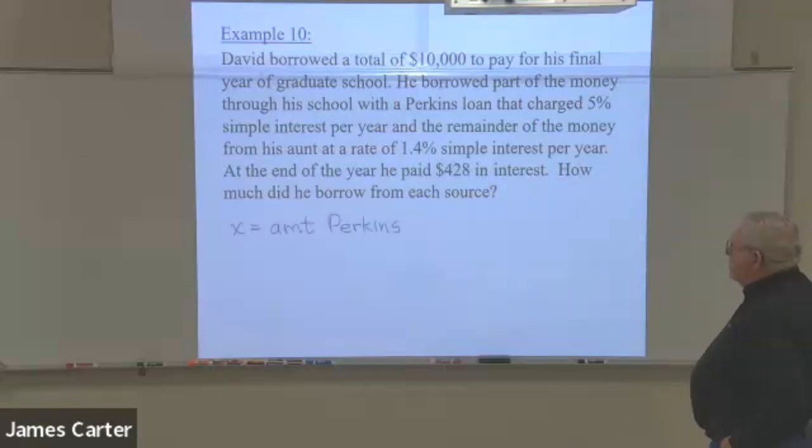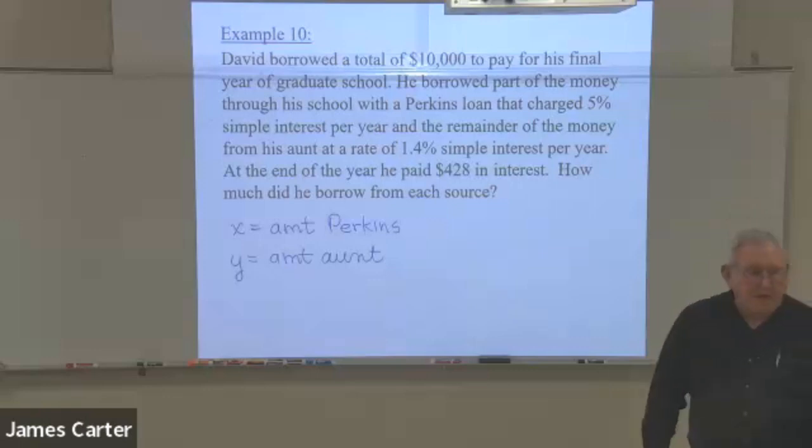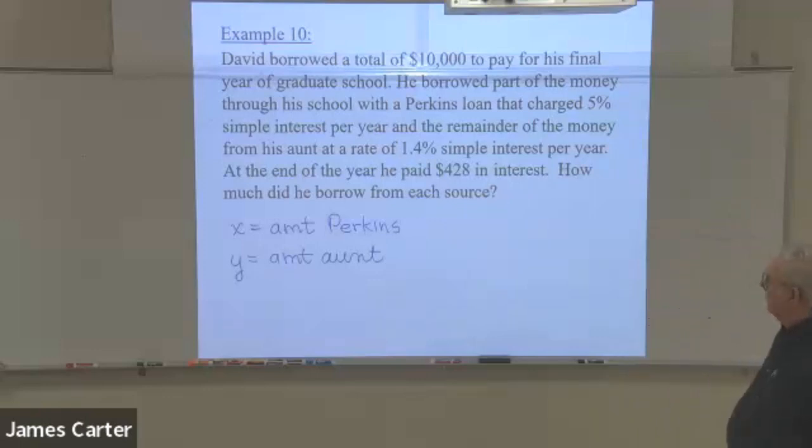I'm going to let X be the amount of money he borrows from Perkins. Y is going to be the amount of money borrowed from the aunt. So, this is the basic interest formula, and it does tell us per year. That means 1 year, so time is kind of a non-factor.